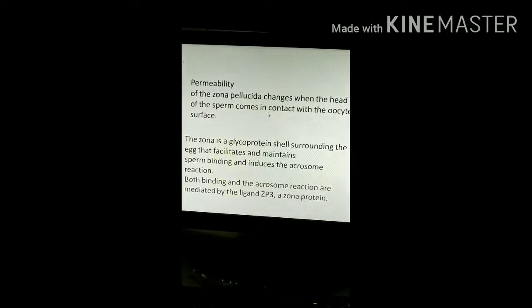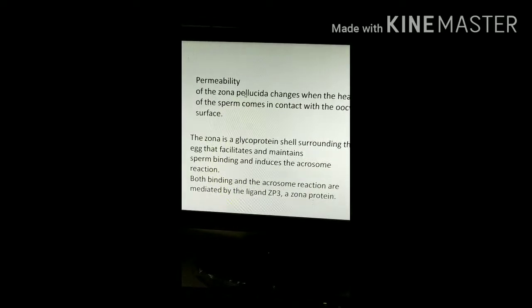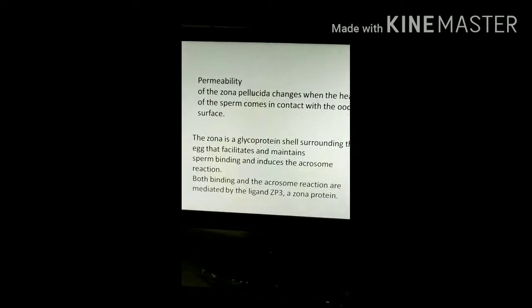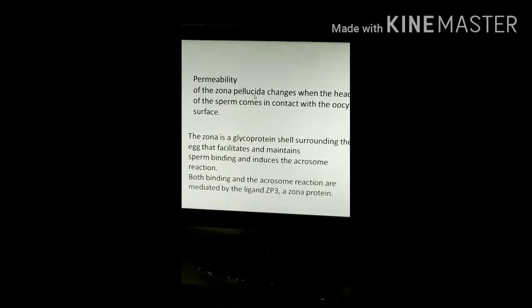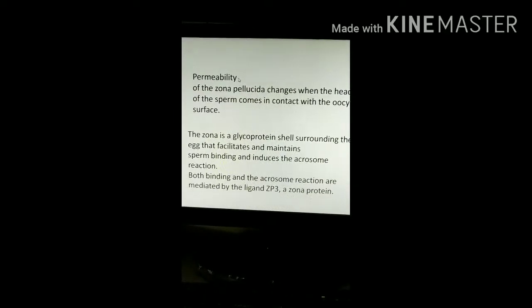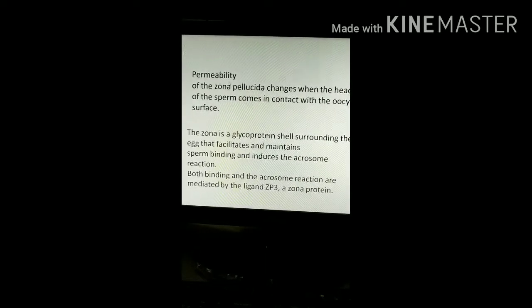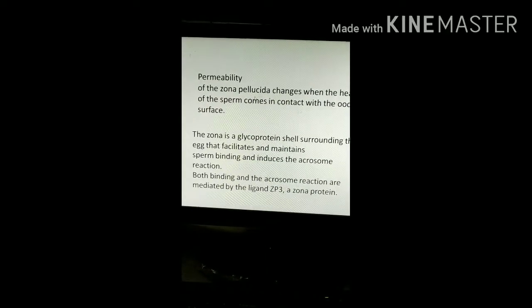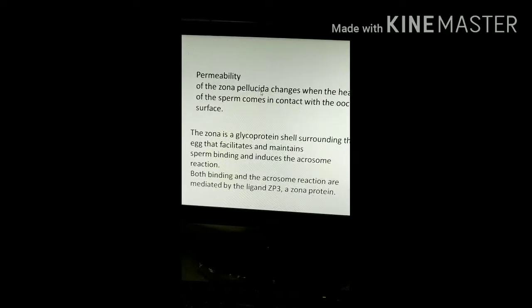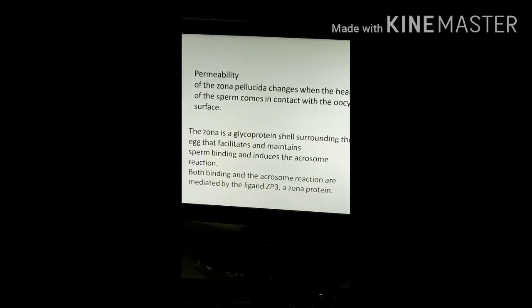This is a very important event, because if the zona pellucida does not change its permeability, more sperm can penetrate it and enter the cytoplasm of the oocyte, so polyspermy may occur. So this condition prevents polyspermy.